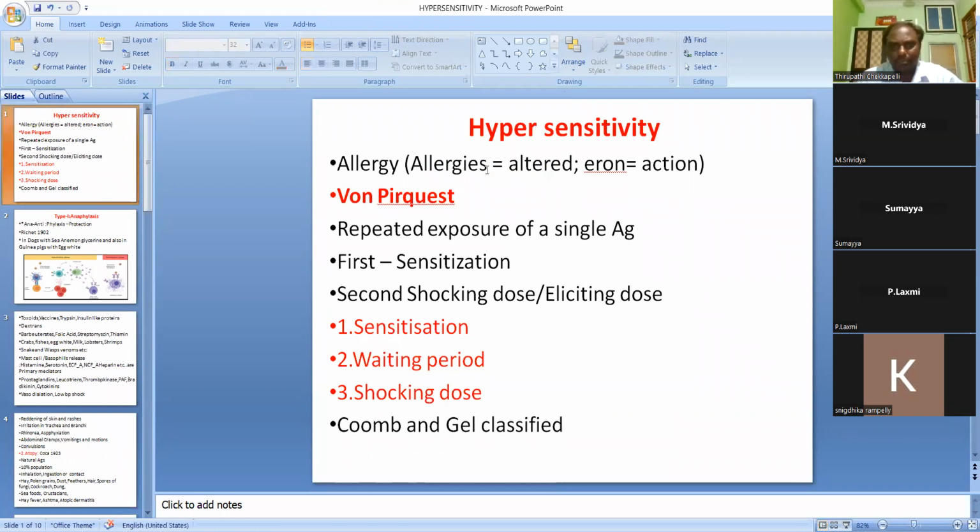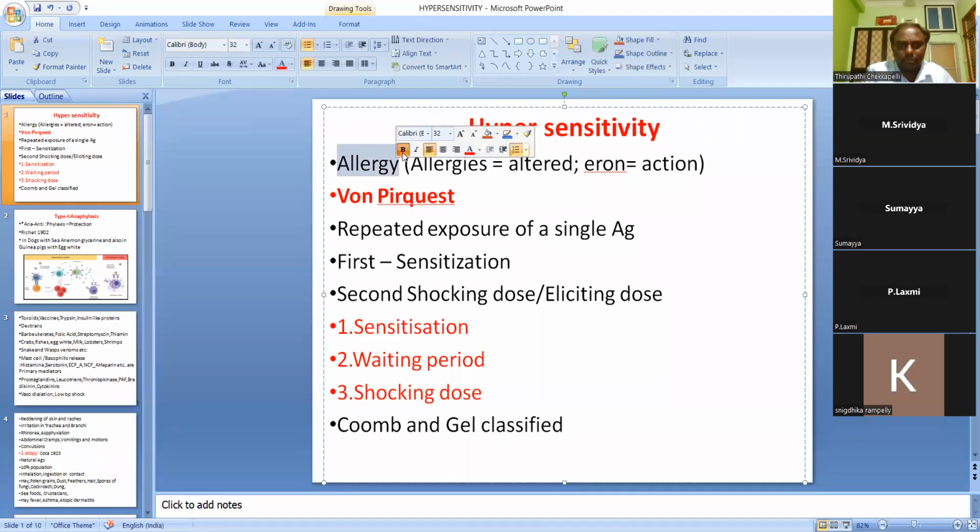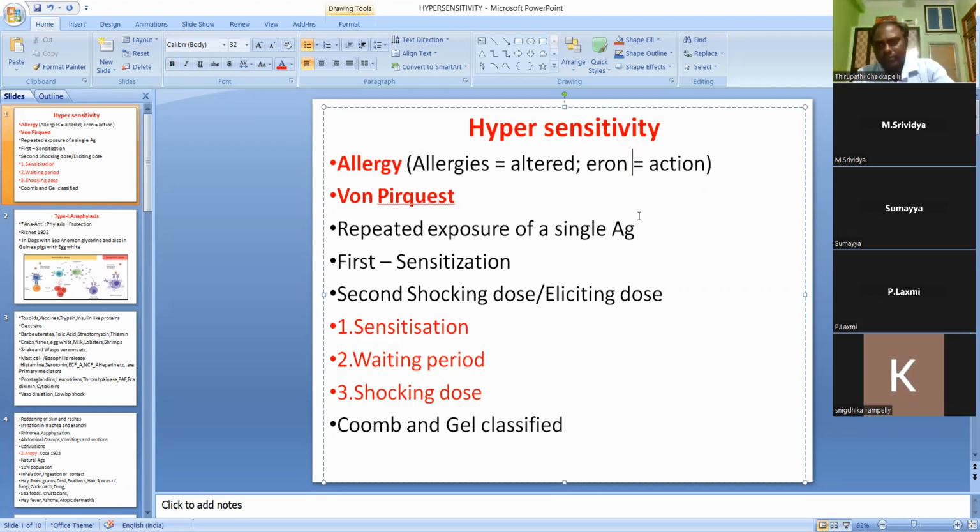So what is hypersensitivity? Hypersensitivity is otherwise also known as allergy. It is related to autoimmunity, but it is not an autoimmune reaction.